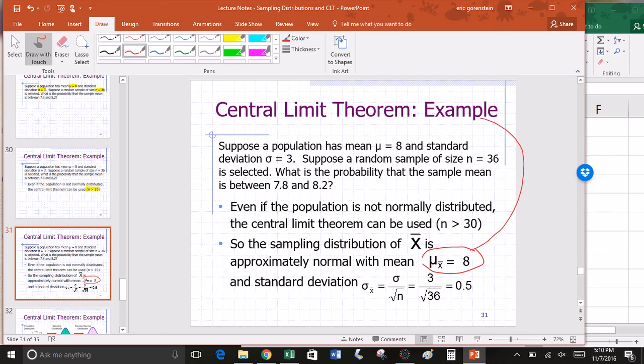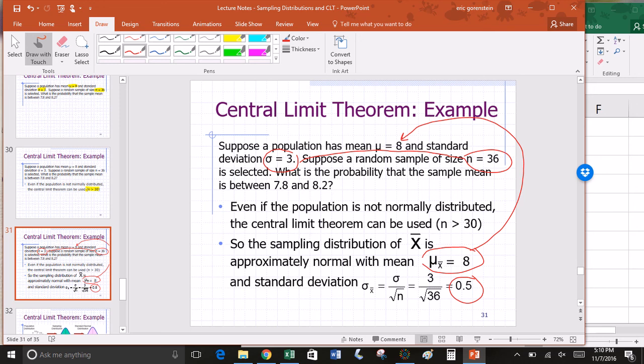So that's coming from here. And the standard deviation is equal to the population standard deviation divided by the square root of n. So in this case, sigma divided by square root of n would be 3 divided by the square root of 36.